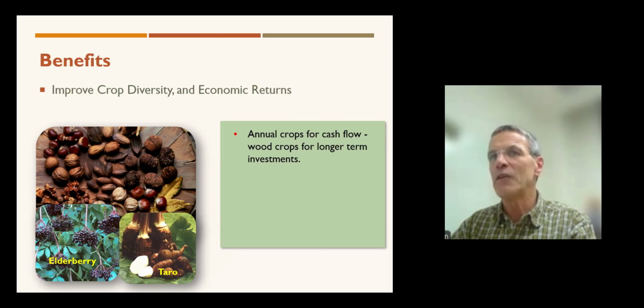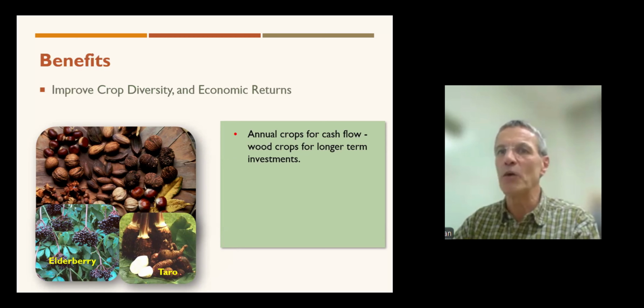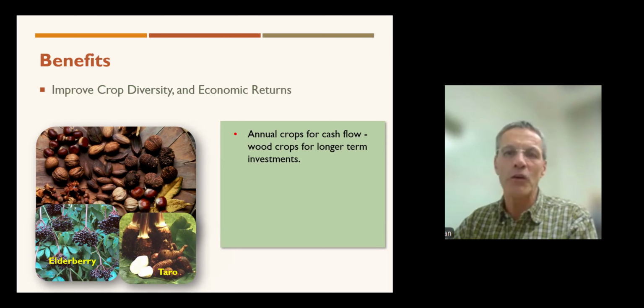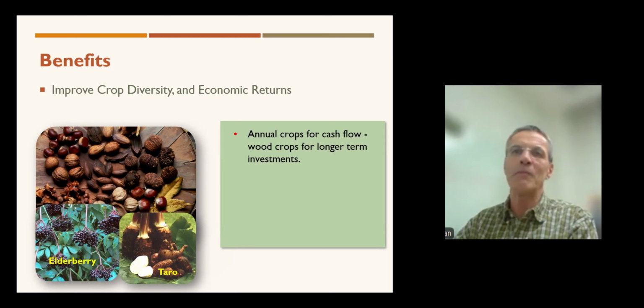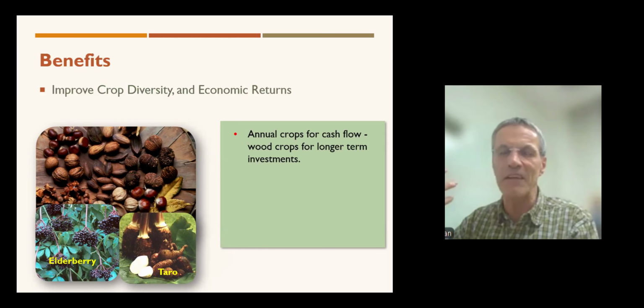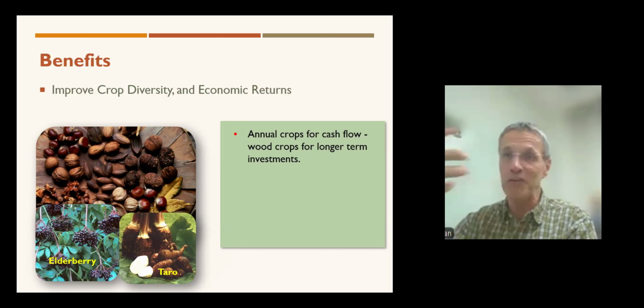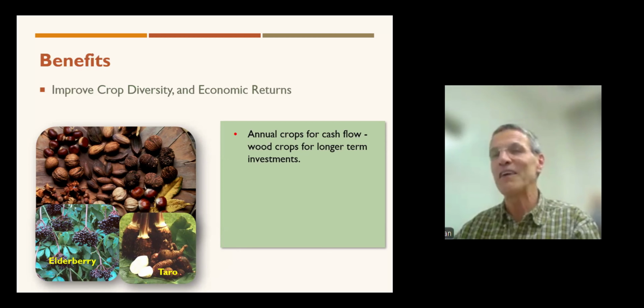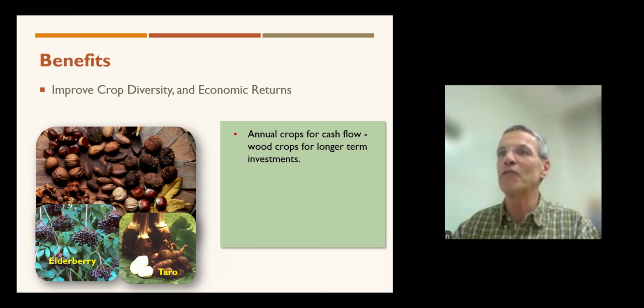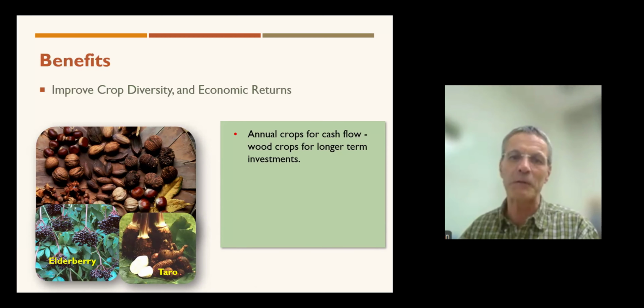But the wood that you grow in the rows is a long-term investment. There might be walnut trees that you harvest every 30, 40 years, an investment you make maybe for your children. It's a short-term versus a long-term investment.